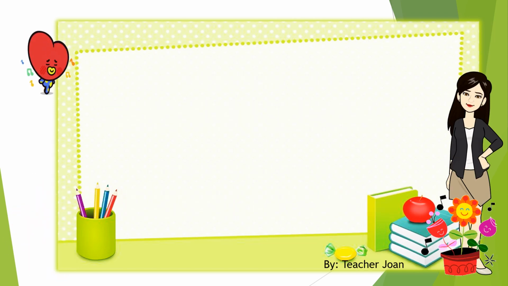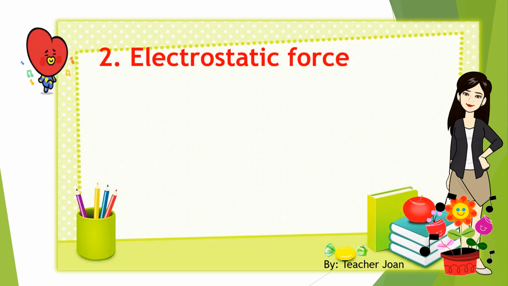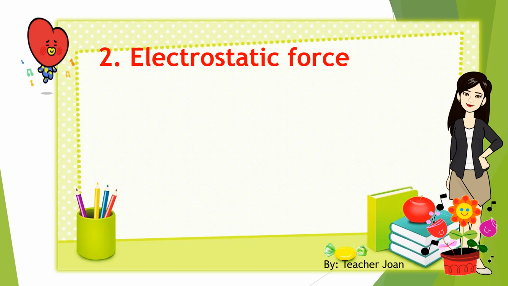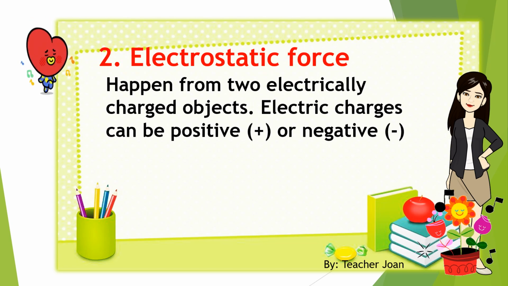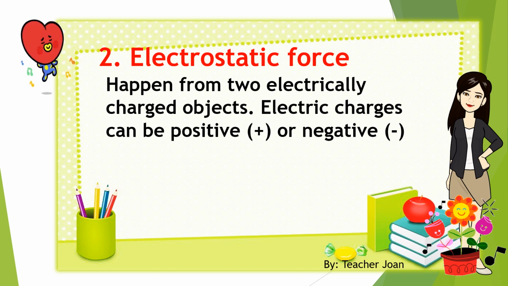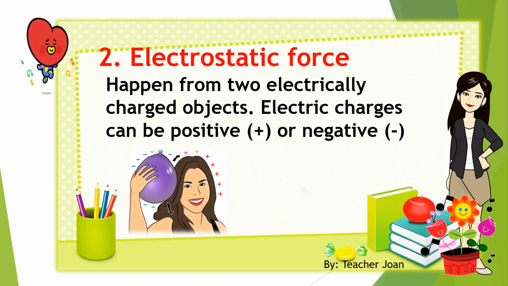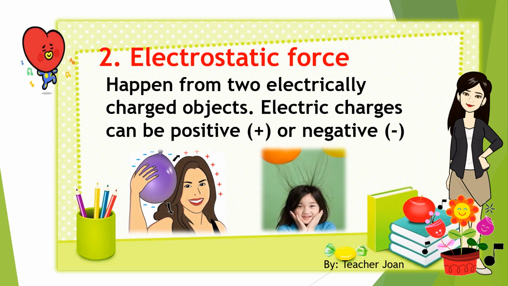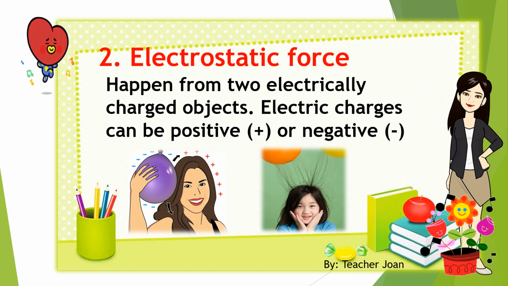Another type of non-contact force. Number 2, electrostatic force. It happens from two electrically charged objects. Electric charges can be positive or negative. The best example for this is when a rubber balloon is rubbed against human hair.